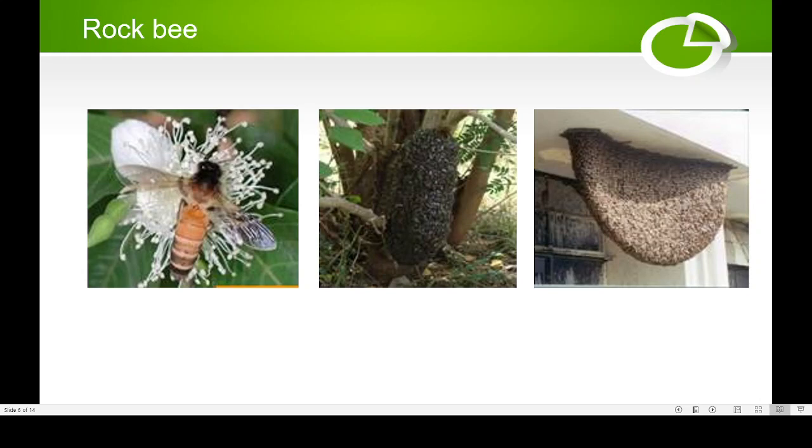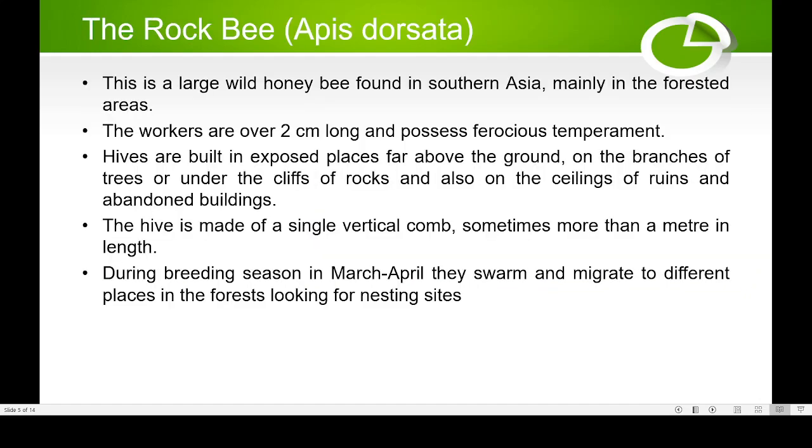You can find this kind of honeybee hives there. The rock bee is large. It is slightly larger than the other two species of honeybee. So that is an important feature.